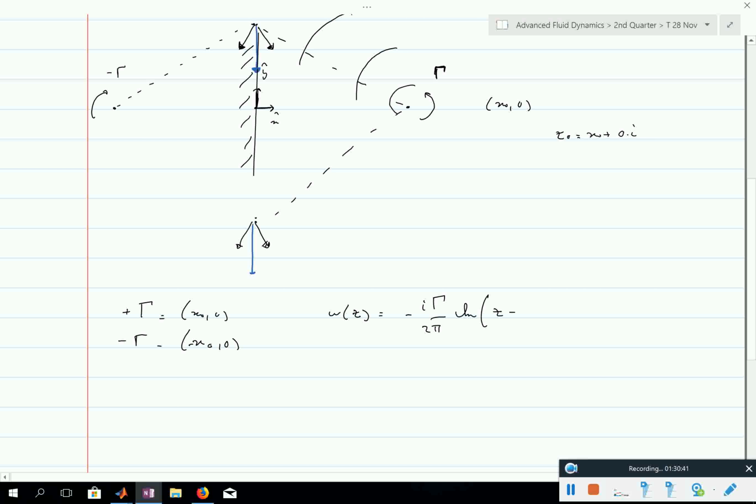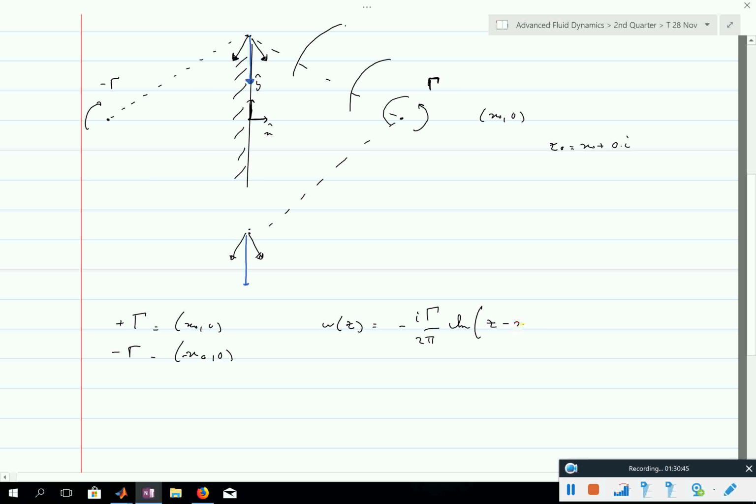It doesn't really matter. Let me just put x naught. And the complex potential associated with the left-hand side vortex: the circulation is now minus gamma. So it's minus i times minus gamma, so it's plus i gamma divided by 2 pi log of z plus x naught. This is my complex potential.